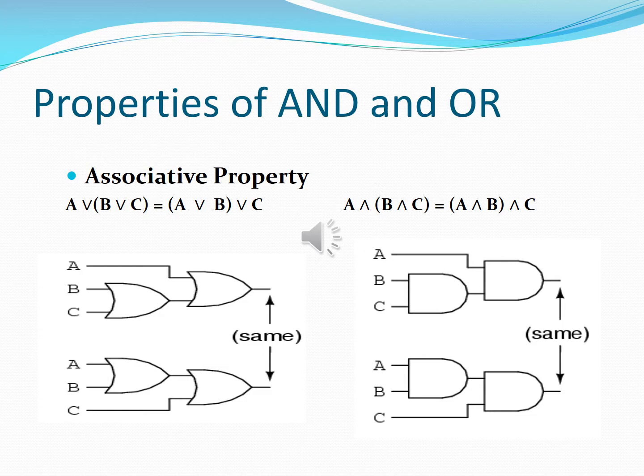Properties of AND and OR. Another property that applies to both AND and OR is the so-called associative property.